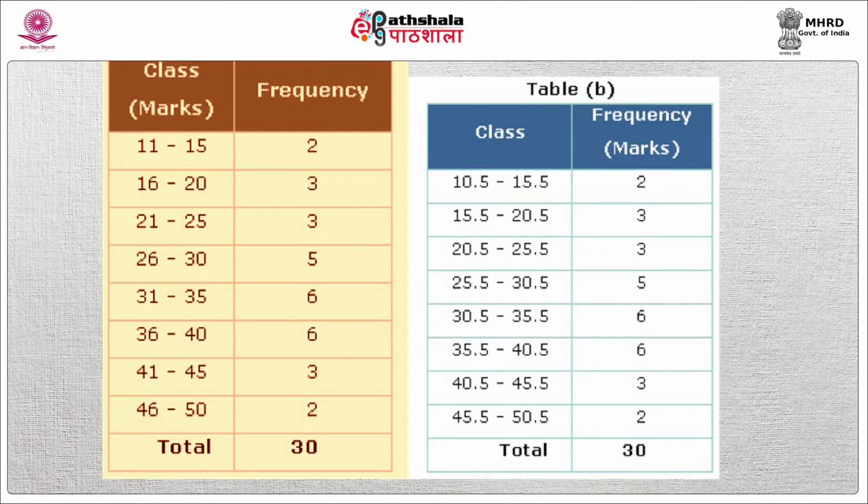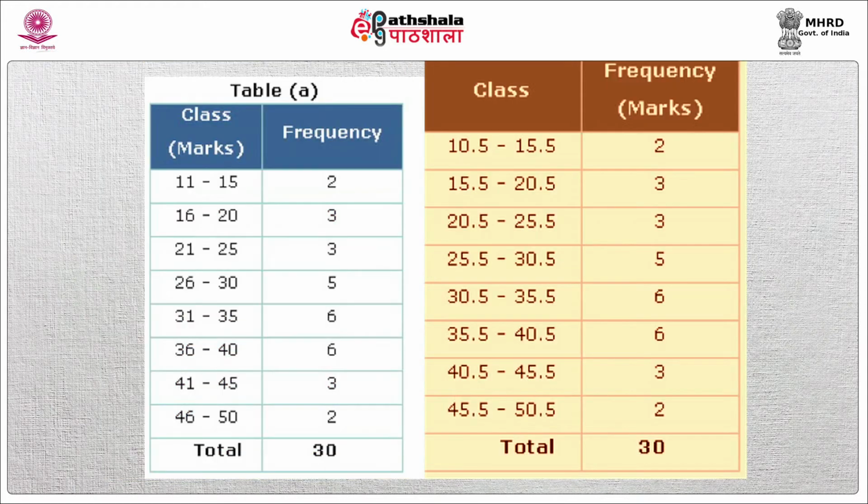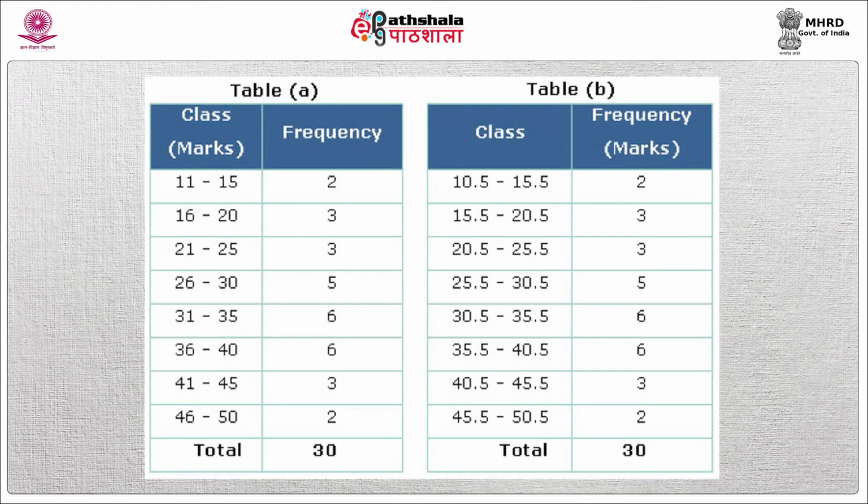In the first table, there is a difference of 1 point between two classes: 11 to 15, and the next class starts from 16, that is a gap of 1. Whereas in table B, this gap is removed by extending the limits by 0.5. That is, the first class interval ends at 15.5 and the second class interval starts from 15.5 only.